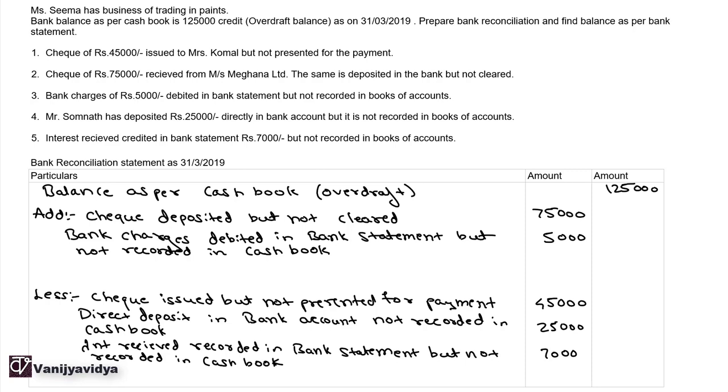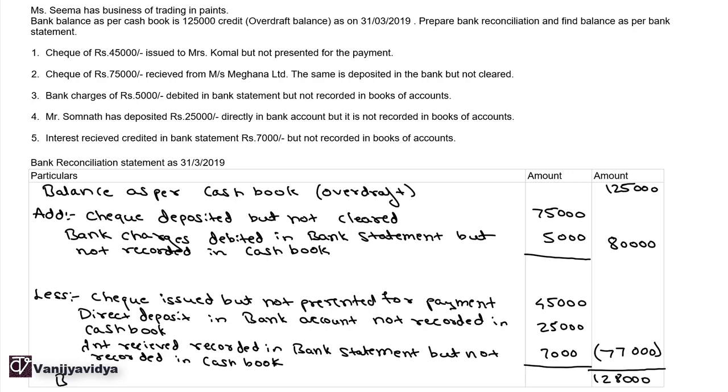Now this was the last item for reconciliation. Now we'll just take a total and find out the balance as per your passbook or bank statement as on 31st March 2019. Total of this is 80,000. Then total of this is 77,000. We have to reduce. So 1,25,000 plus 80,000 minus 77,000 is 1,28,000.